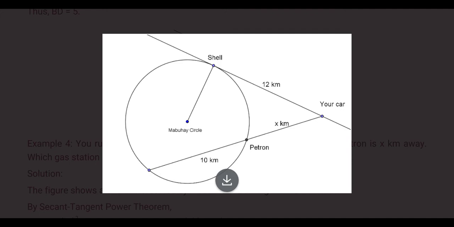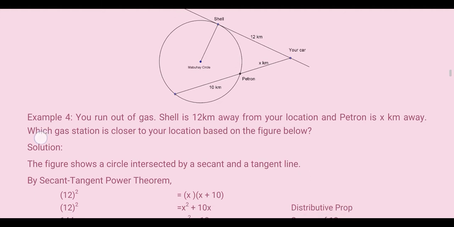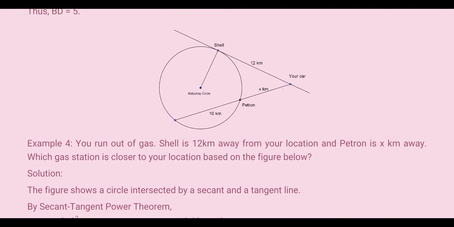So let's read the problem. You run out of gas. Shell is 12 kilometers away from your location and Petron is x kilometers away. Which gas station is closer to your location based on the figure below? The figure shows a circle intersected by a secant and a tangent line.